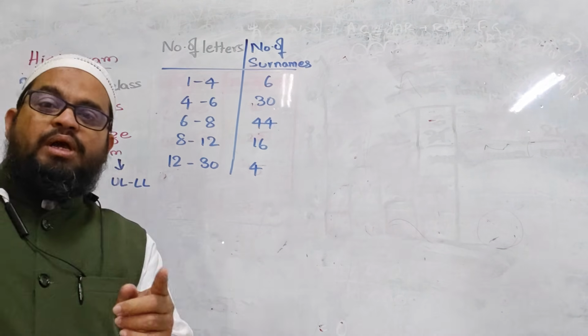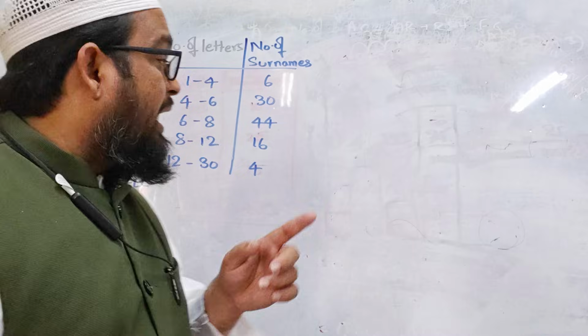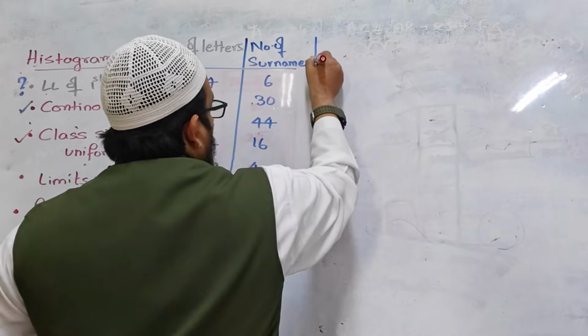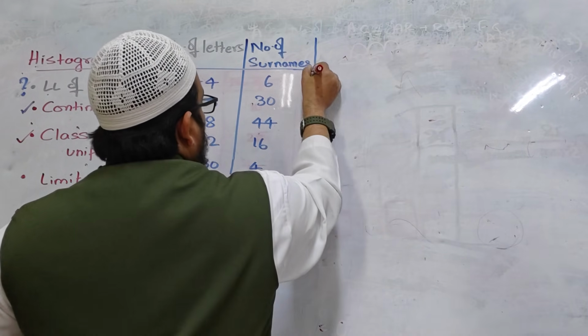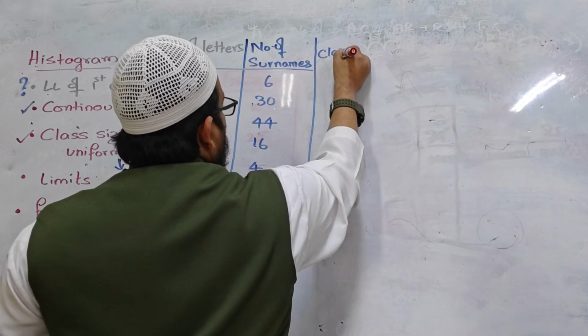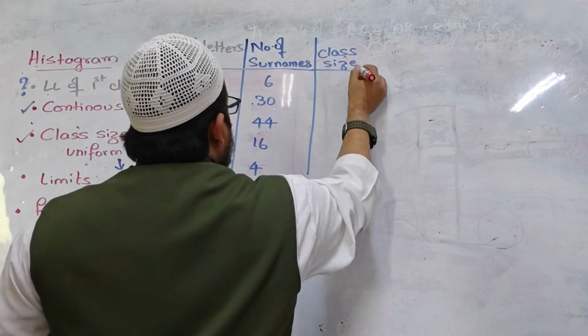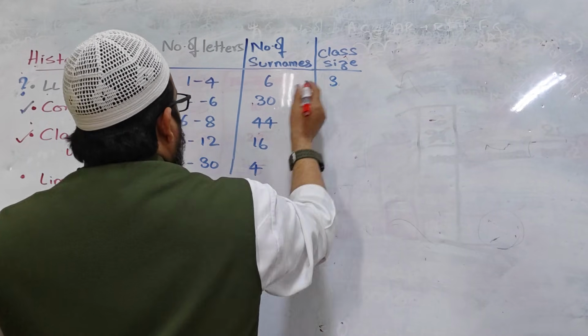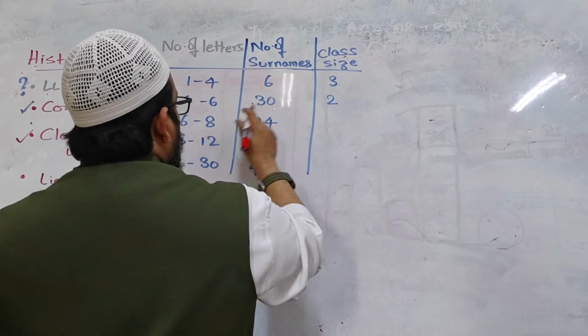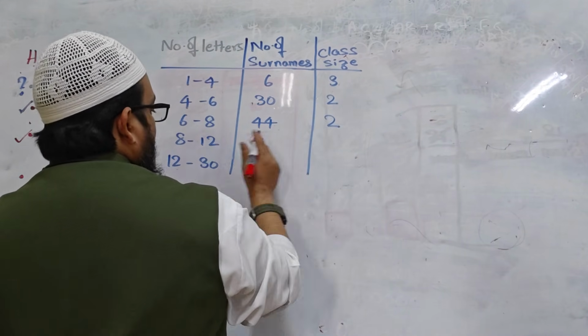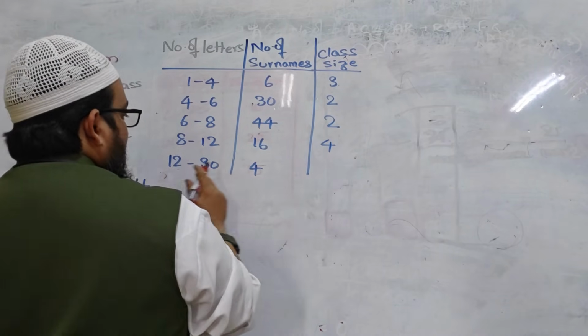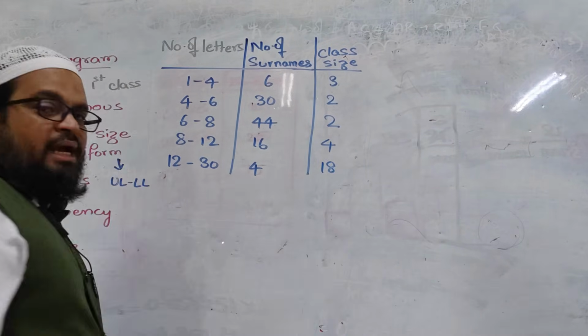Whenever you get class size different, you have to add one more column, class width or size. Anything is fine.